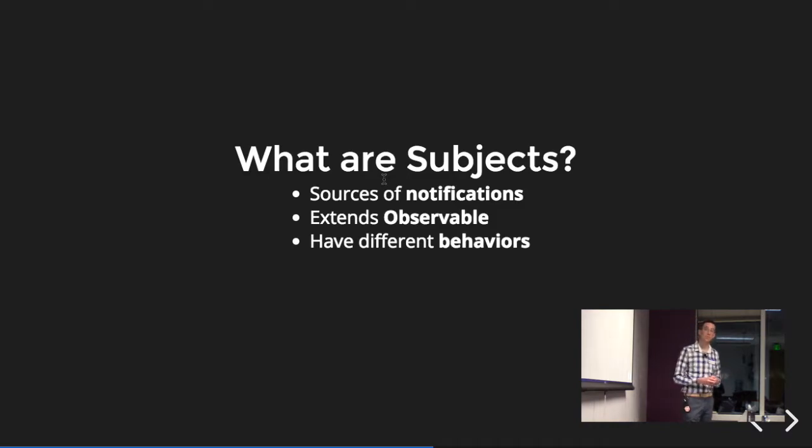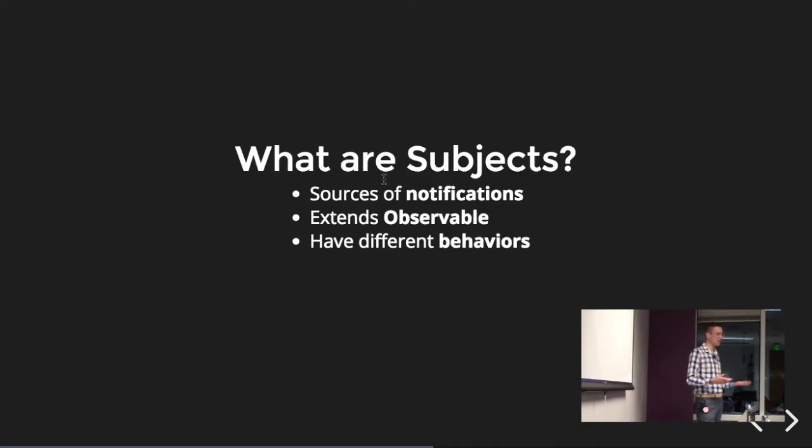Awesome. Sweet. So what are subjects? Subjects are a source of a notification. If you look at the documentation, a subject simply extends an observable. It's just a subclass of observable, right? And subjects allow us to have a couple of different behaviors on observables. One of the main things you might have noticed: I'm working with an observable and everything's great, and I'm like, well, my HTTP client emits a value. What if I want to manually emit another value into that observable stream?